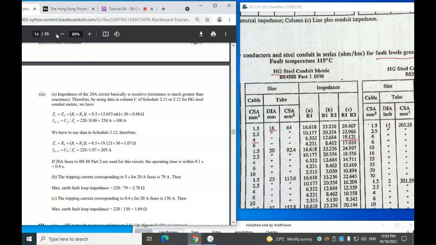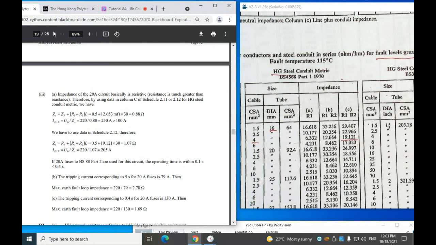It is equal to 205 ampere, but still larger than 100 ampere. So we say schedule 2.12 is the one we actually use to determine the earth fault loop impedance. This is the way to find out the earth fault current.